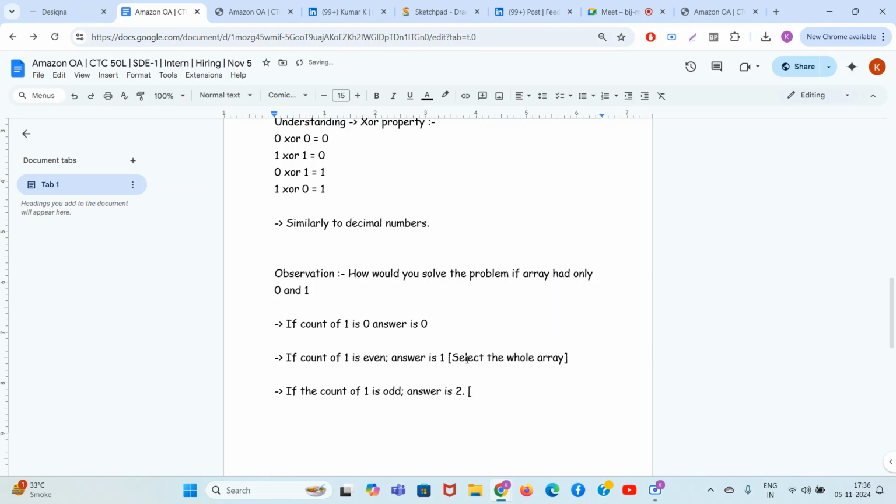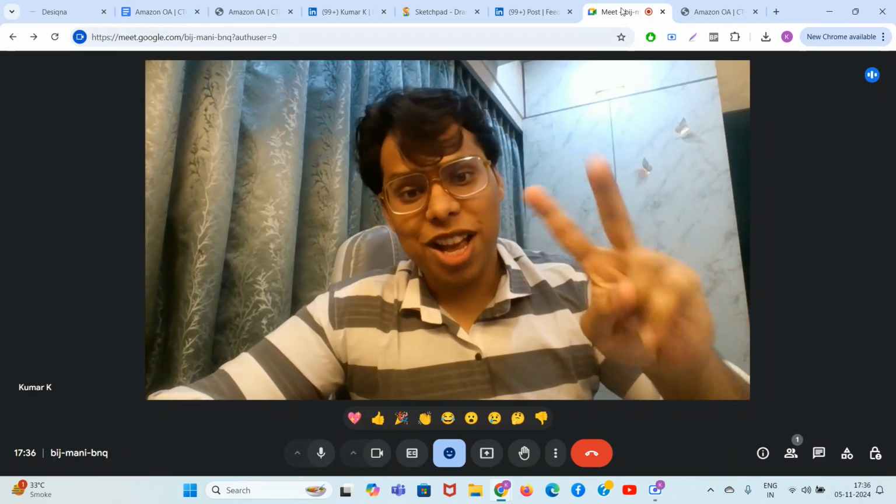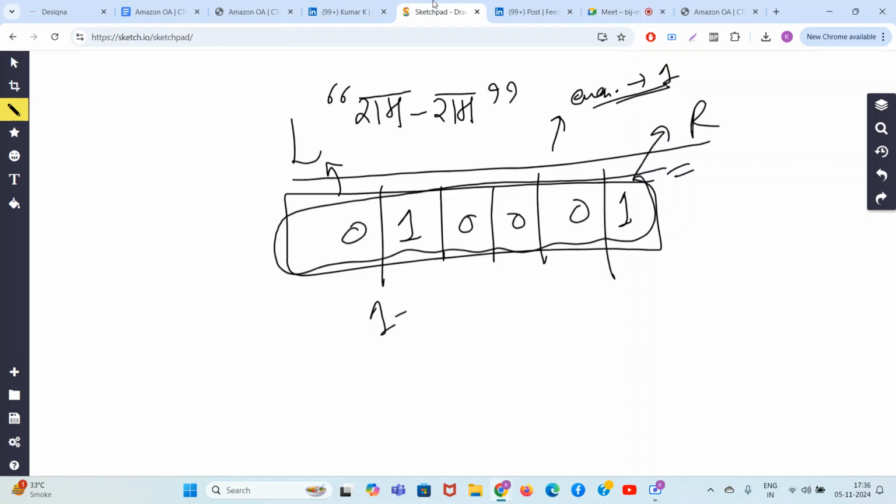So only 2 operations maximum are needed, not more than 2. Select the whole array 2 times. How does that work? I will tell you.